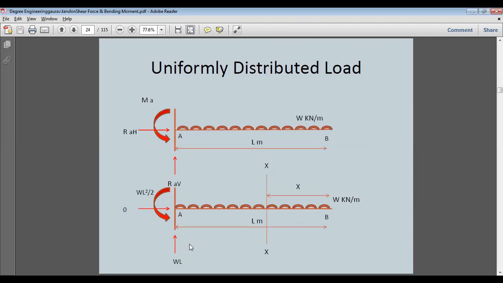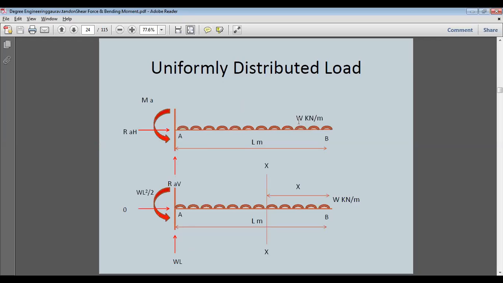Similarly, we have a distributed load. Distributed load is also taken into consideration while drawing the bending moment and shear force diagram. In a uniformly distributed load, it can be converted into a point load for all practical purposes. So UDL acts at the center of the beam, while we have to replace UDL with a point load.